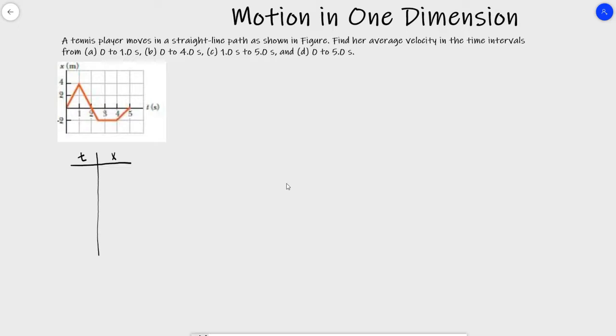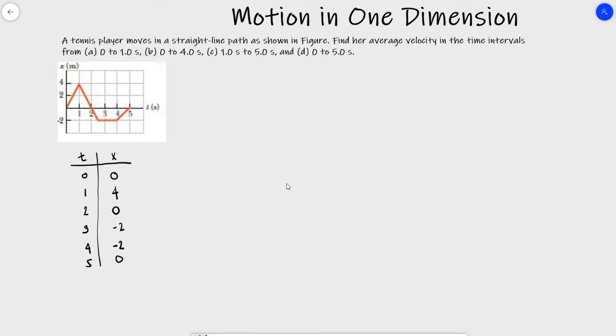At t equal to 0, the distance traveled is initially 0, then at 1 it is 4, at 2 it is 0, at 3 it is negative 2, at 4 it is negative 2, and at 5 it is 0.